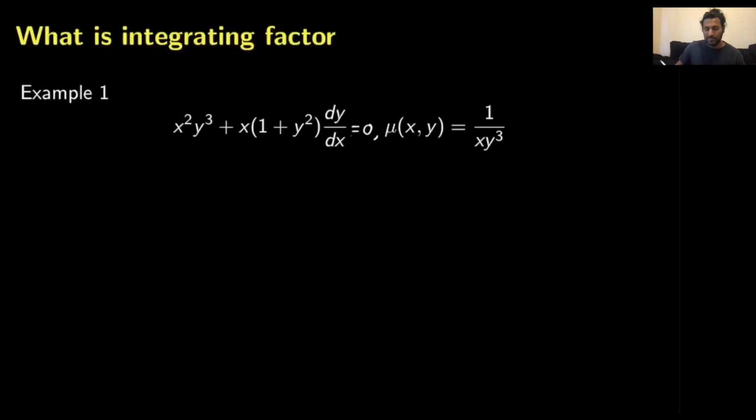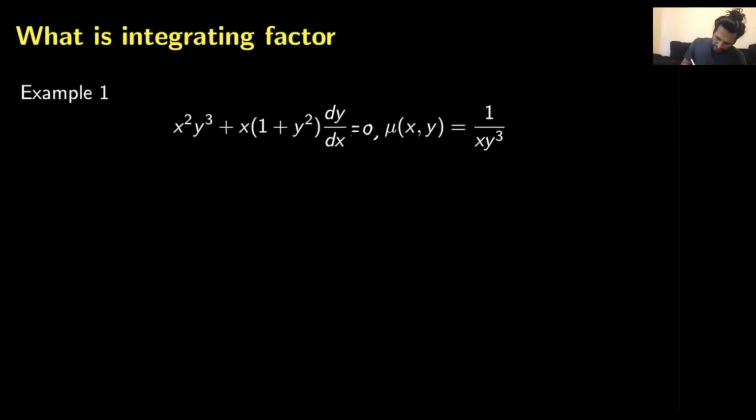Let's take an example and see whether this type of function exists, and in the next video we will learn how to find this type of function which makes the differential equation exact.